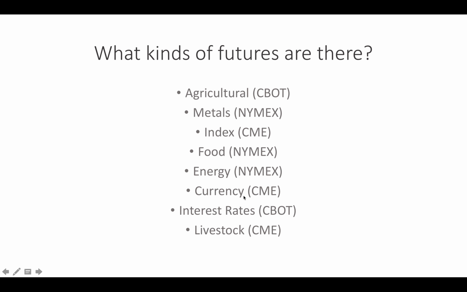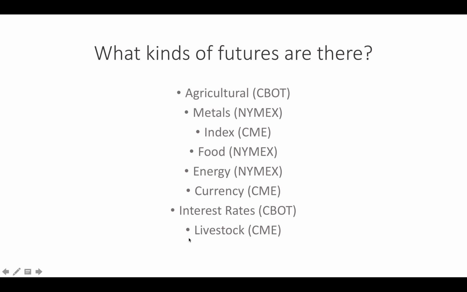There's currency, so euro, dollar, pound, dollar, Canadian dollar to American dollar, and so on. And then there's interest rate futures. What that means is bond futures, so 30-year government bonds, treasury bonds, the yields. So that's how you're going to be trading those.